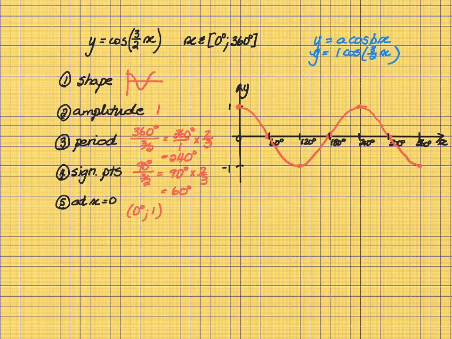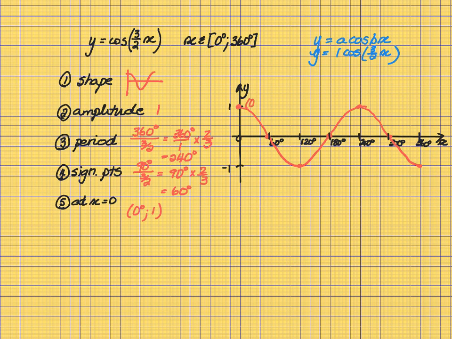And there we have it. What I want you to notice is that we fit in 1.5 periods. 3 over 2 is 1.5 periods in the 360 of a basic cos graph. So just to be fussy, let's do the turning points.